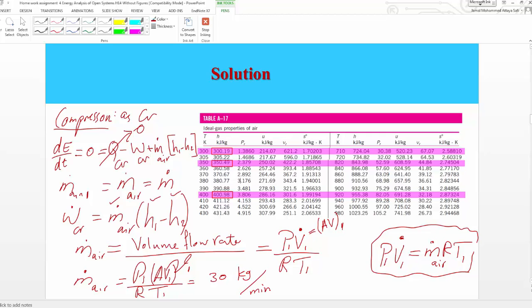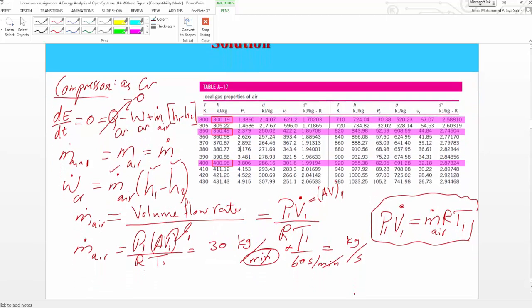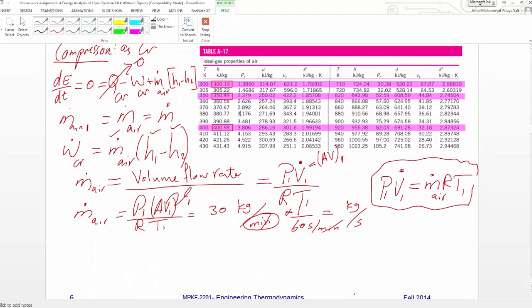And please notice it is still per minute. I can immediately divide it by 60. If you multiply this by 60 seconds per minute, of course, you will get how many kilograms per second, or you can just divide it by 60.